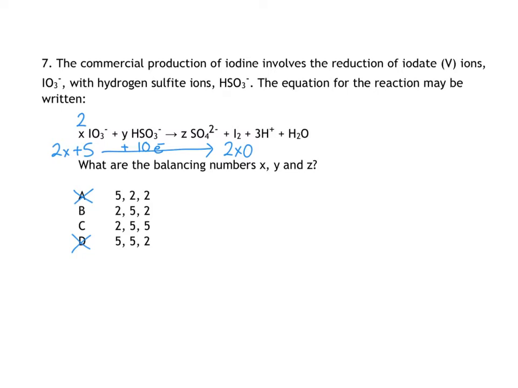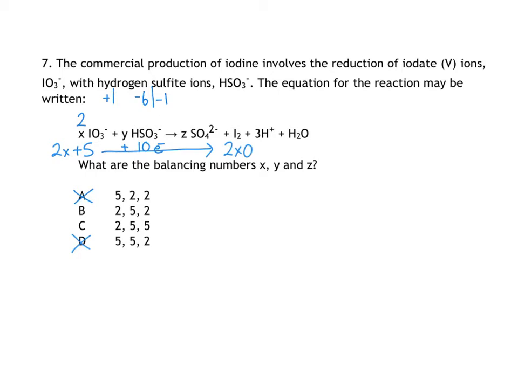Now going to look at the change in oxidation state of the sulfur. So in the HSO3 minus, the whole thing adds up to -1. My oxygens add up to -6, and there is 1 hydrogen which has an oxidation state of +1. So +1 and -6 gives me -5.